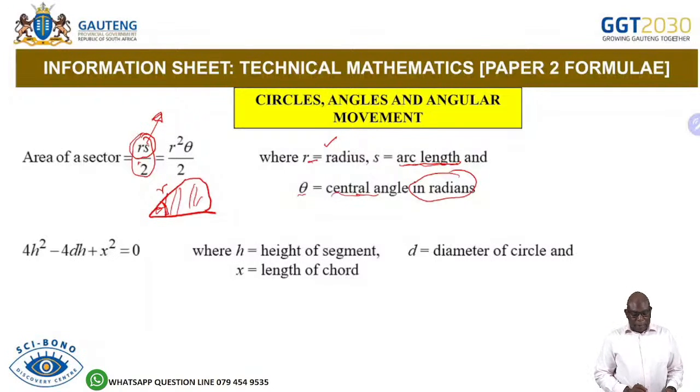Okay. The last but one formula will be the formula where we need to calculate the height of the segment, or we want to calculate the diameter, or we want to calculate the length of the chord. So if I want to calculate the length of the chord, that's the formula that we are going to be using now.